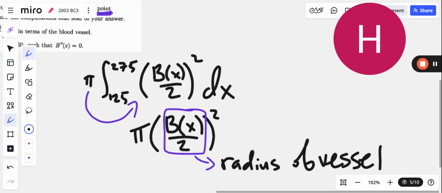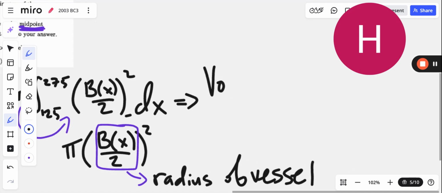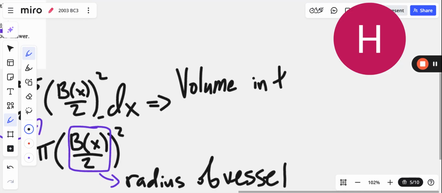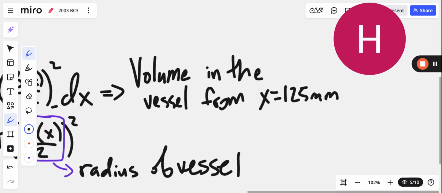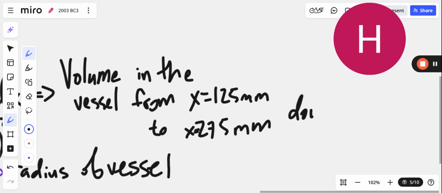So that means that this whole thing, our final answer is that this is the volume in the vessel from x equals 125 millimeters down the vessel to x equals 275 millimeters down the vessel.